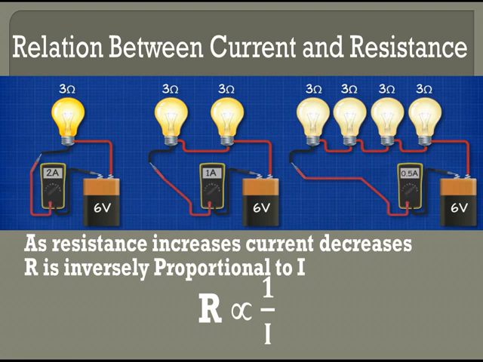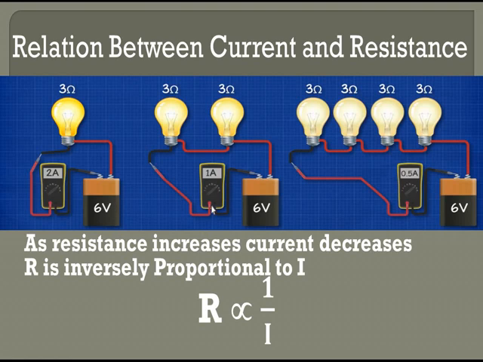Here we have connected a 6-volt battery and 6 ohm resistance. Then current flow through the resistance is 1 ampere, and when we take a 6-volt battery and 12 ohm resistance, then current flow through the circuit is 0.5 ampere.